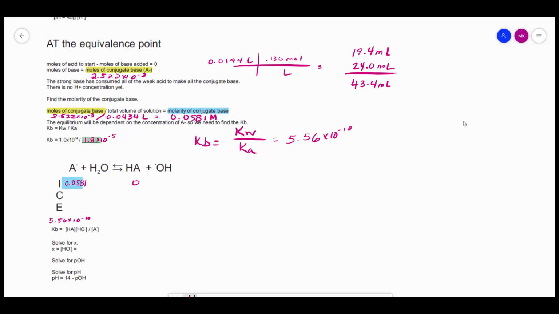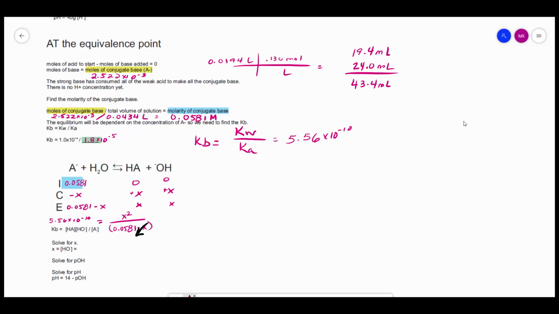So that value goes here. Now we have no initial value of this. We need to change this by some value x. We don't know x yet. We're going to calculate it. It's not going to be tough. Now, notice how our initial concentration, 0.0581, is much more than 1,000 times greater than our Kb. So we can simplify this. Now, to simplify it here with a Kb does not mean Henderson-Hasselbalch, that means we can do this.